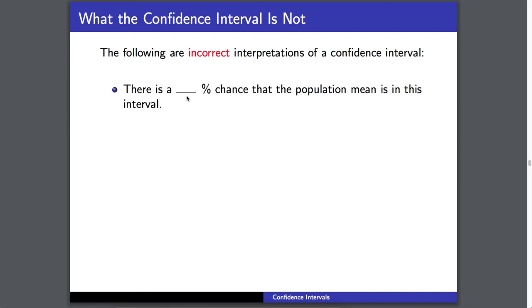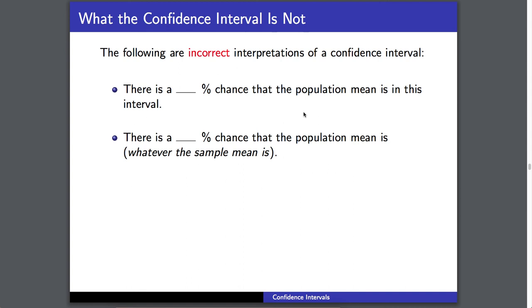There's a difference between being 98% confident versus there being a 98% chance. So we don't say there's a 98%, or 95%, or whatever percent chance that the population mean is in that particular interval.